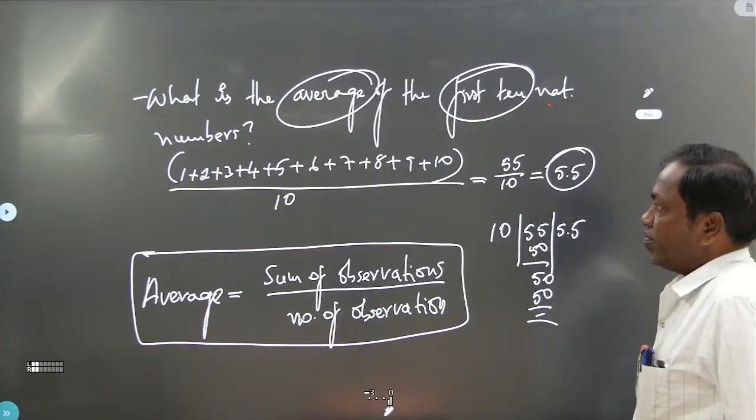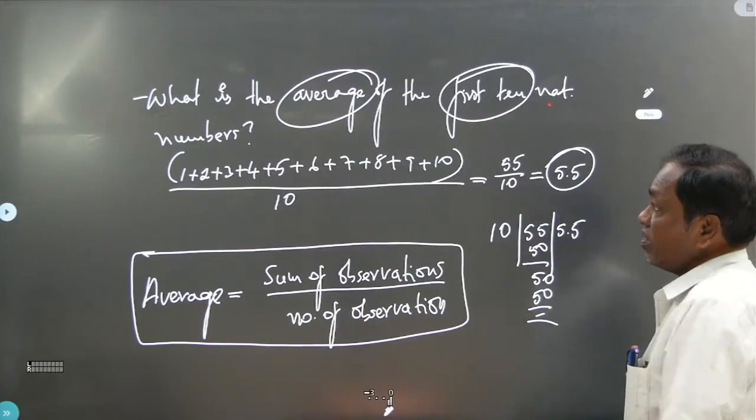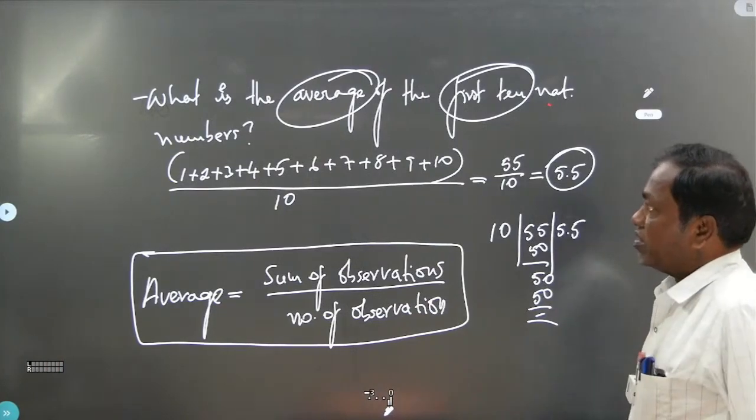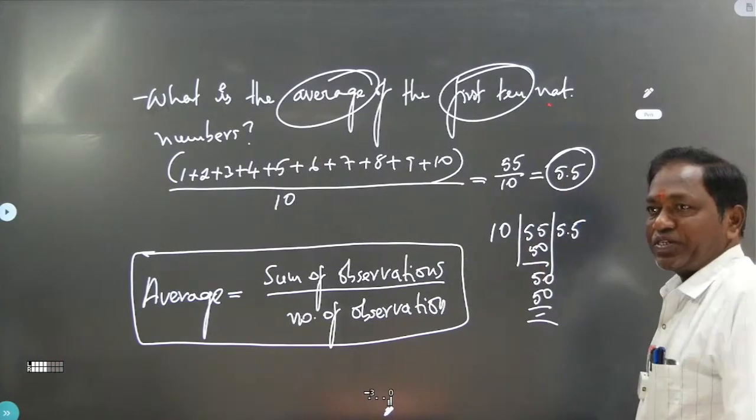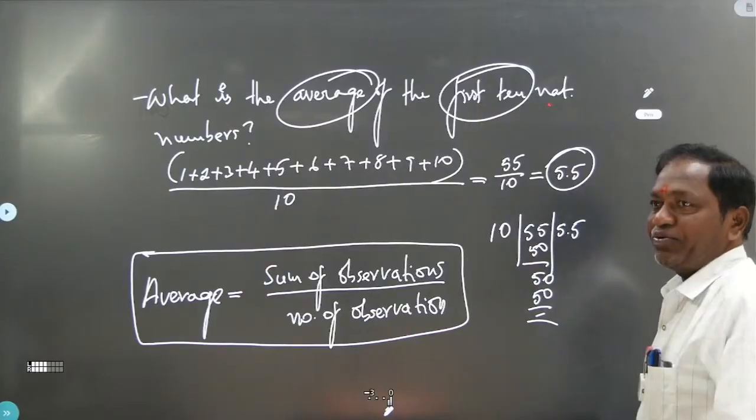But now if the same question is asked, what is the average of the first 100 natural numbers? Then we cannot do it like this.